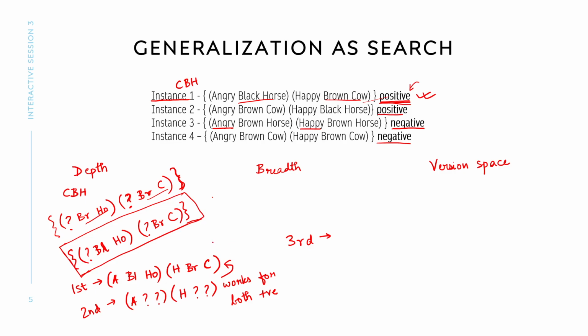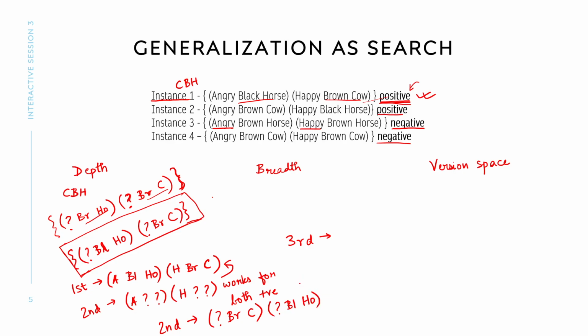Another generalization which both positive instances have: in my second case I change it to wildcard, brown cow, and a wildcard, black horse.